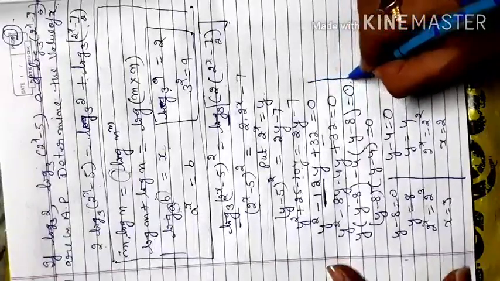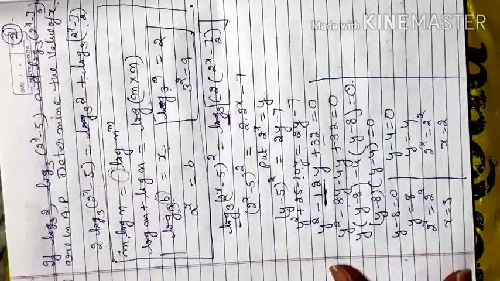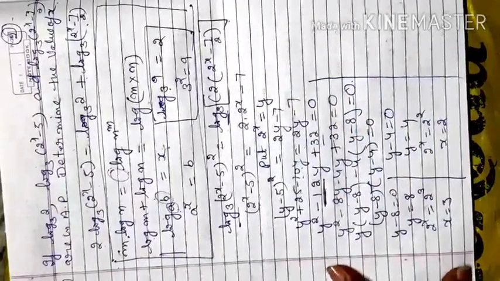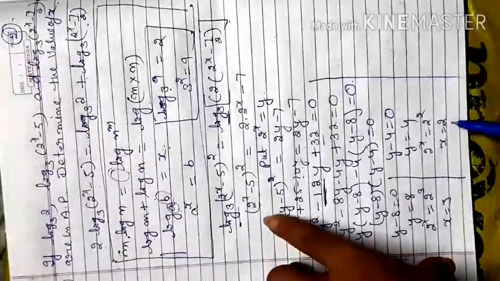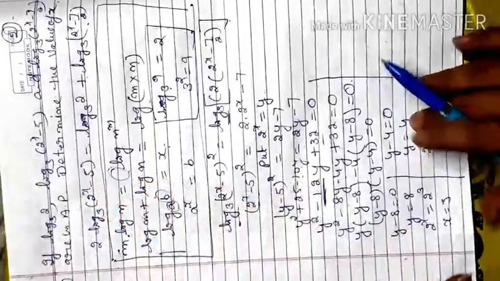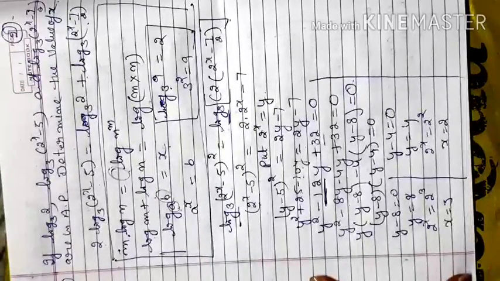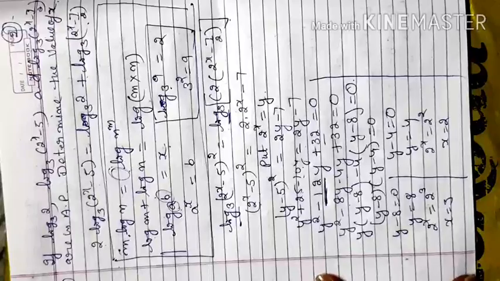So I got two values, x is equal to 3 and x is equal to 2, but both will not satisfy my original equation. First consider x is equal to 2. If I substitute in the term 2 raised to power x minus 5, 2 raised to power 2 is 4, minus 5 gives a negative number, so that is not allowed.